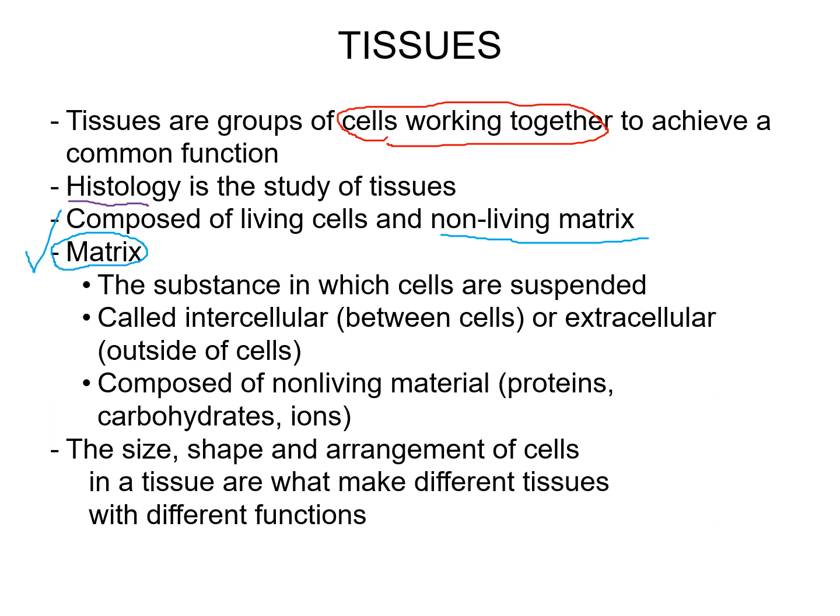And the matrix is basically just kind of water for the most part. Sometimes it's more of a jelly-like substance, or in the case of bone, it's really hardened, but it just depends on what tissue we're talking about. The matrix is just where these cells are living, where they're hanging out. So for example, in your bloodstream, you have blood, and your cells are floating in the blood matrix, which is mainly liquid, right?